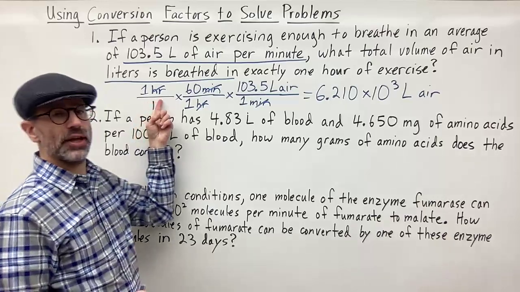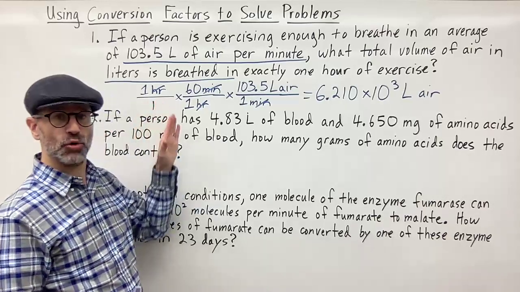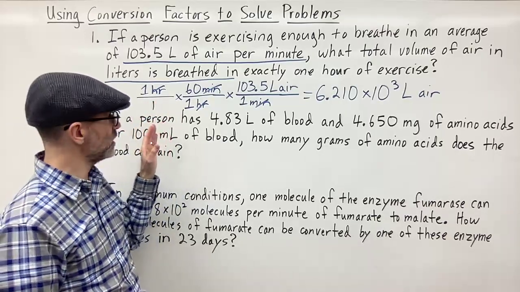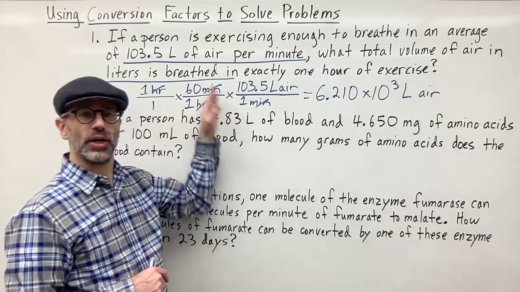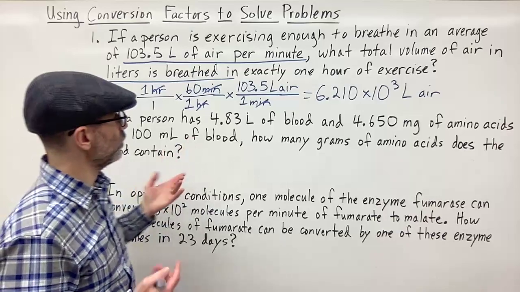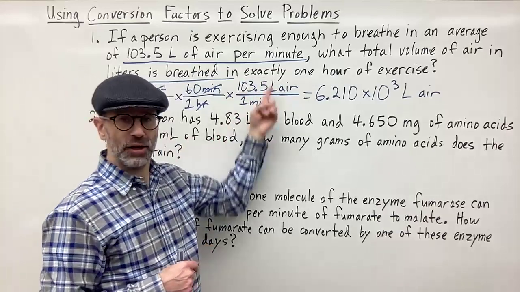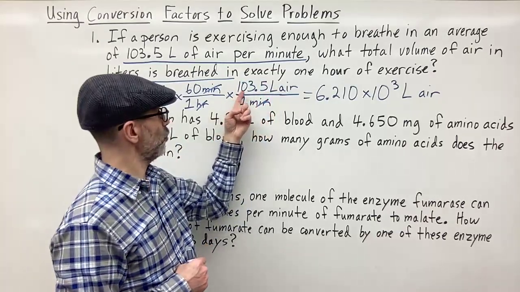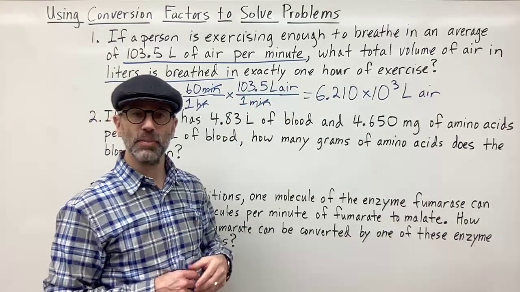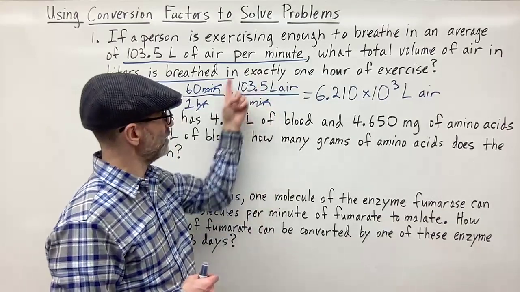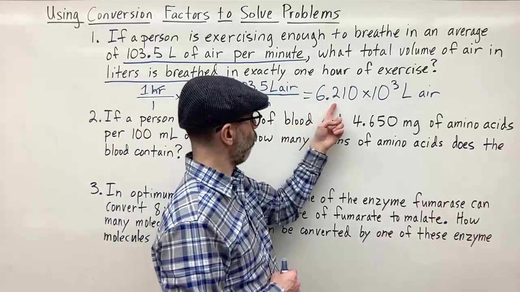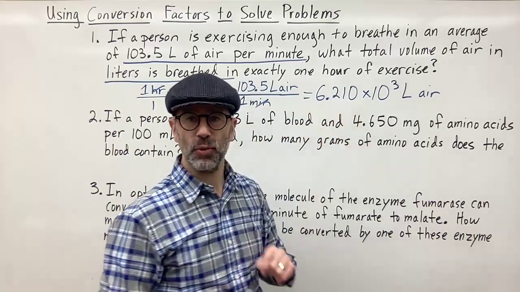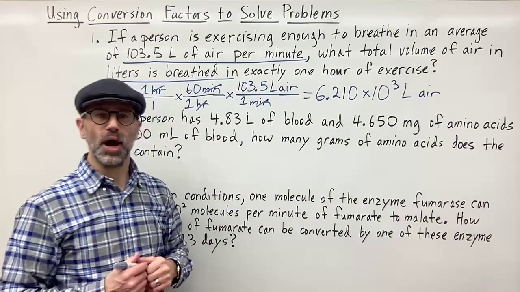Here we're told that it's exactly 1 hour, so we ignore the sig figs there because that's infinite. This is an exact relationship, so we're going to ignore that. The only other value we have is the measurement 103.5 liters of air per minute. That's 4 sig figs, so our answer should have 4 sig figs. And that's what we have. So we're done with this problem.